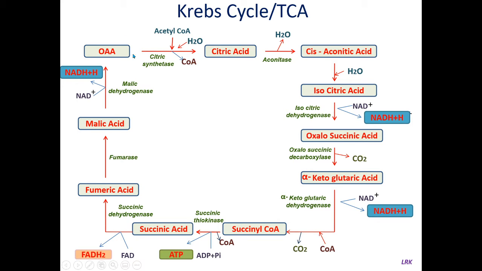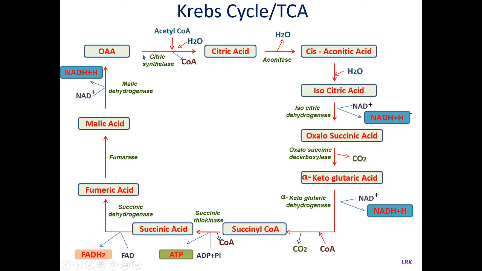Two carbons plus four carbons gives a six carbon compound, in the presence of the enzyme citric synthetase, and coenzyme A is liberated in this reaction. Citric acid, cis-aconitic acid, isocitric acid, and oxalosuccinic acid are the tricarboxylic acids. So we call this cycle the tricarboxylic acid cycle, and since citric acid is the first formed compound, it is also known as the citric acid cycle.